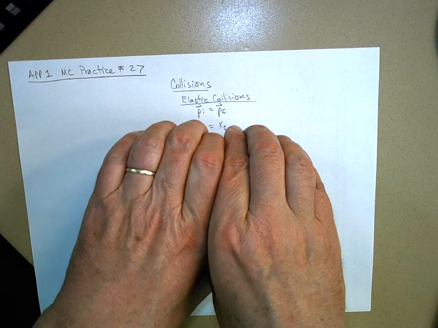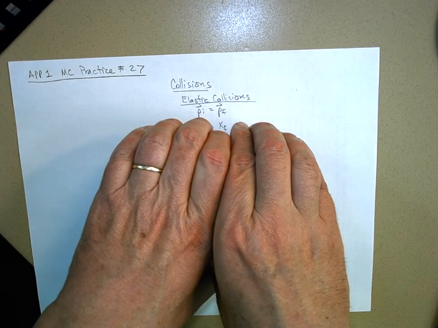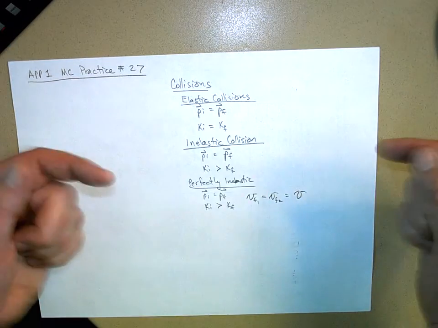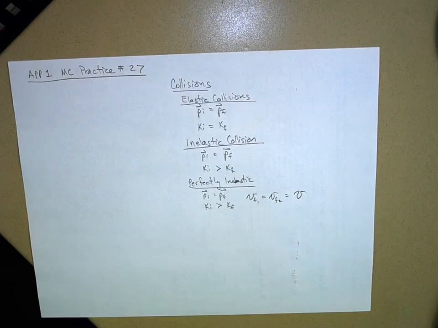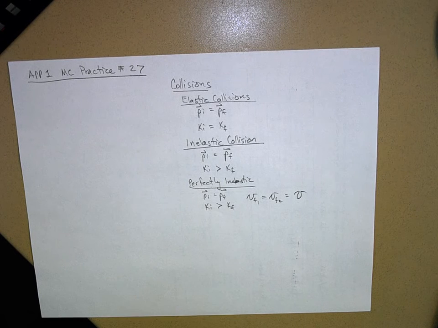Well, the final kinetic energy is 0. They're not moving. Both of them were moving before, but now they've stuck together, so the final kinetic energy is 0. So depending on your frame of reference, when they stick together after the collision, you have lost the maximum possible kinetic energy, and therefore we call it perfectly inelastic.